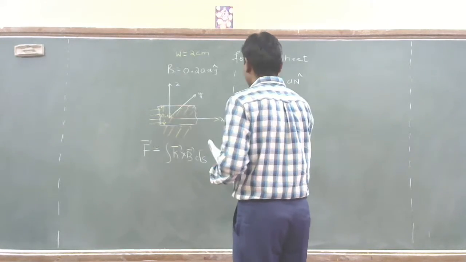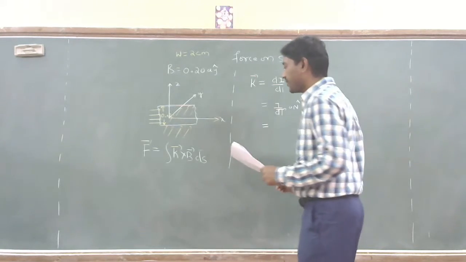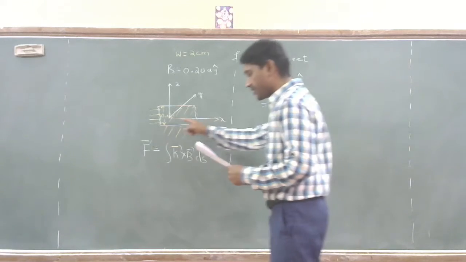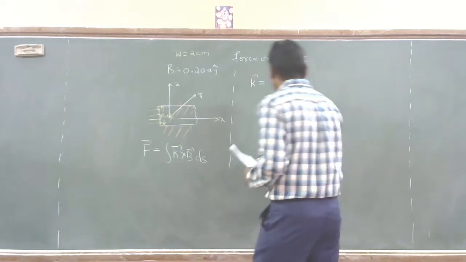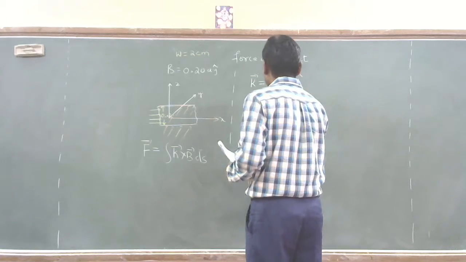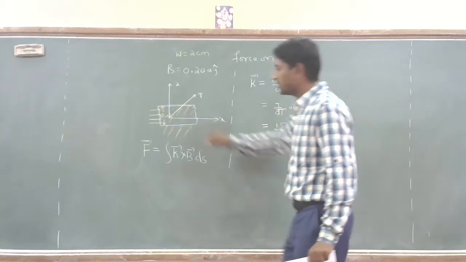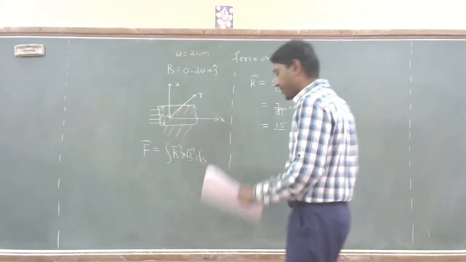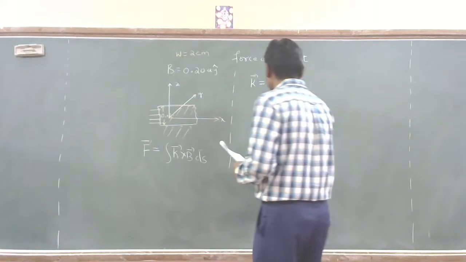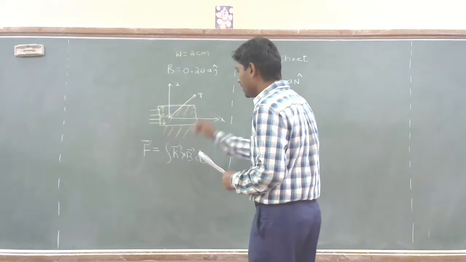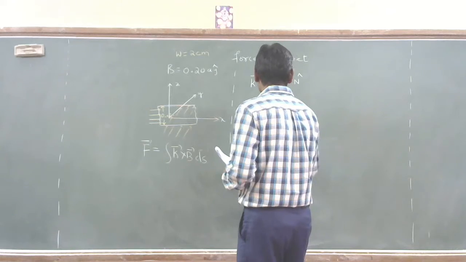I is the flow of current. The current flowing is given to be 15 ampere, and dL is the width, and you could check that the width is 0.02.